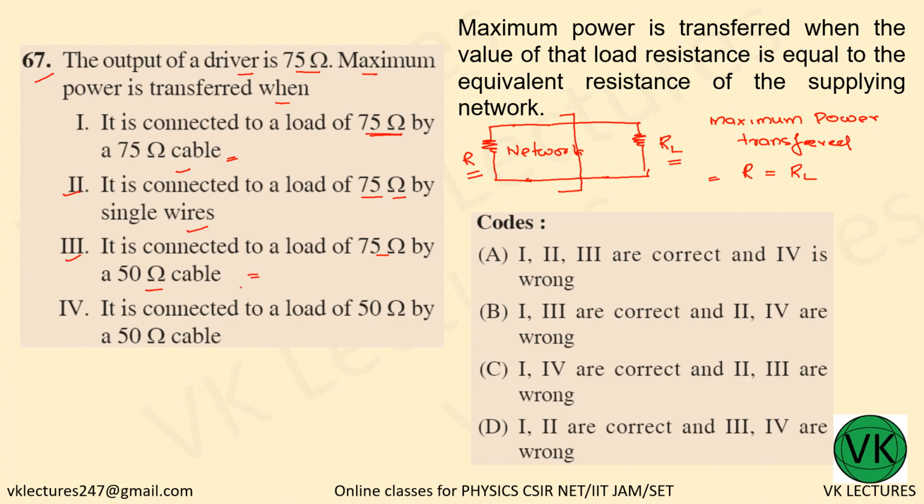This is not fair because it will have its own resistance. Now it is connected to a load of 50 ohm, so this is absolutely not correct. So the options which can be possible are 1 and 2; 3 and 4 are not possible. So according to the codes, option D is the correct answer. That is, 1 and 2 are correct and 3 and 4 are wrong.